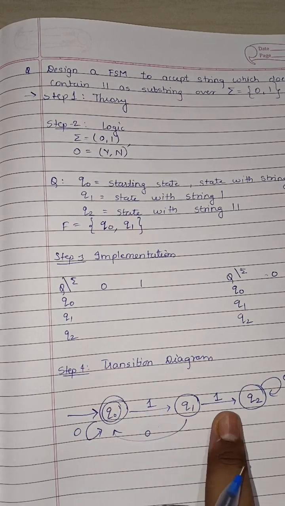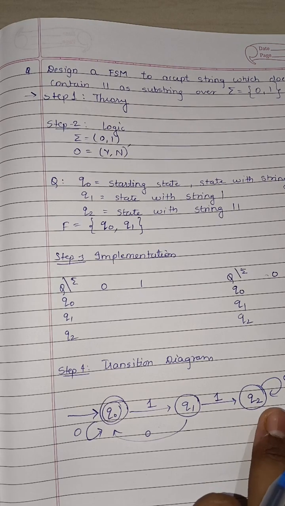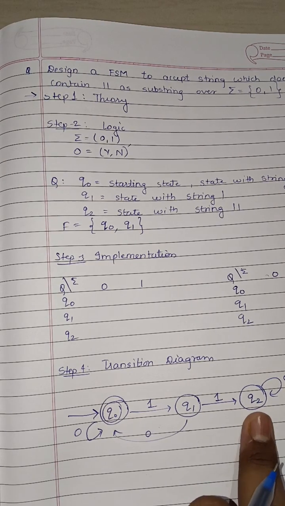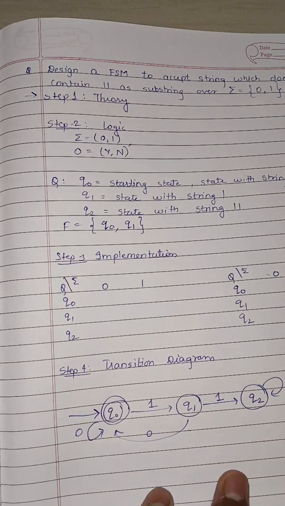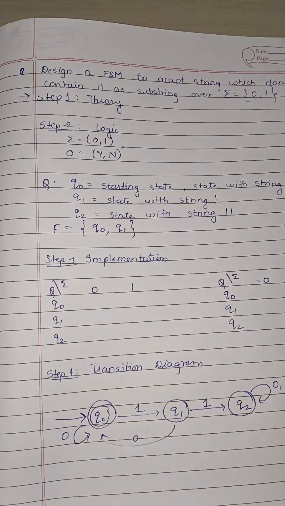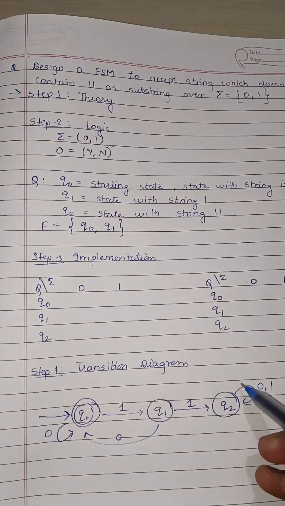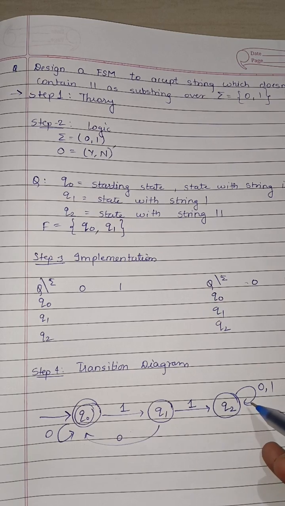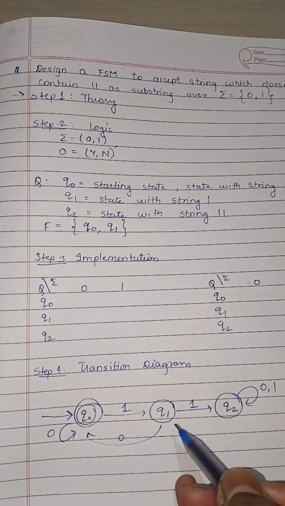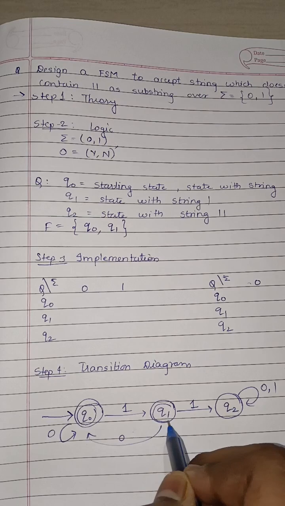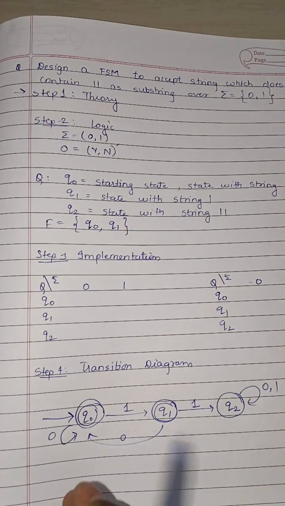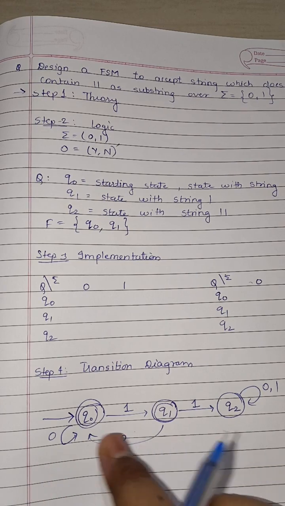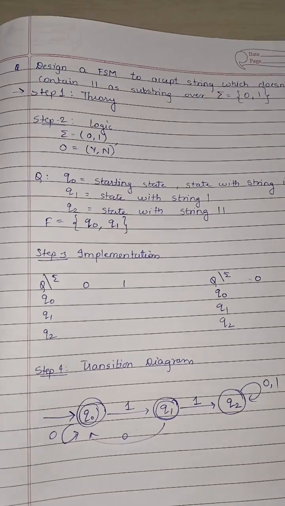If Q1 receives 1, it is going to Q2. We came to Q2, which means we got the substring 11, so we have to reject the string. The FSM will not accept. That's why after this, if any 0 or 1 comes, I will give it to the same state, Q2. Since Q0 and Q1 are our final states, I will mark Q1 with another circle. It means if our state ends in these two only, then we will accept the string.